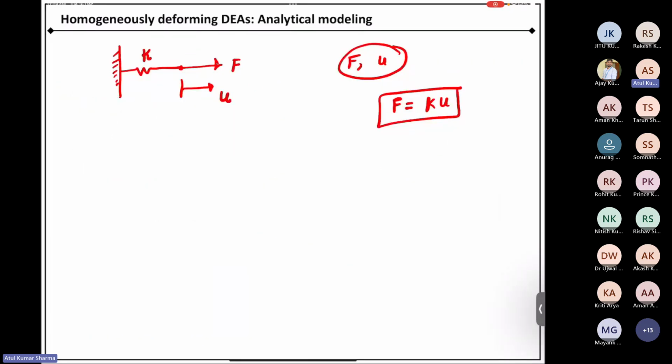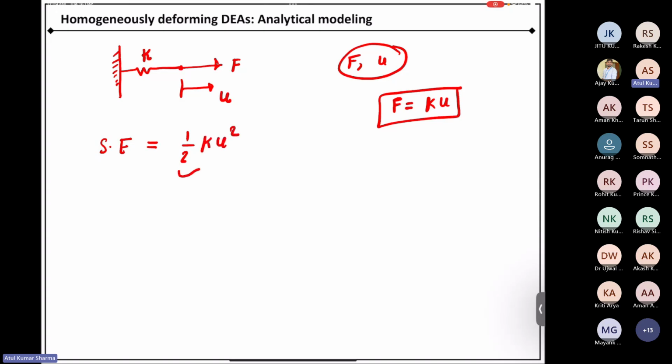Now tell me, what is the energy stored? For example, if I stretch this spring by displacement u, what is the energy stored in the spring? That we call the strain energy. The strain energy, or the energy stored in the body or system, is nothing but half k into u square.